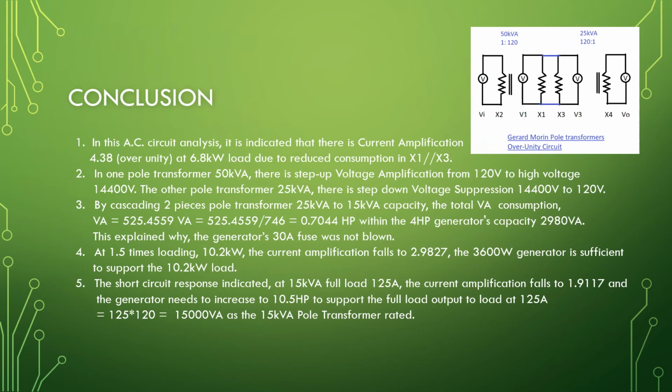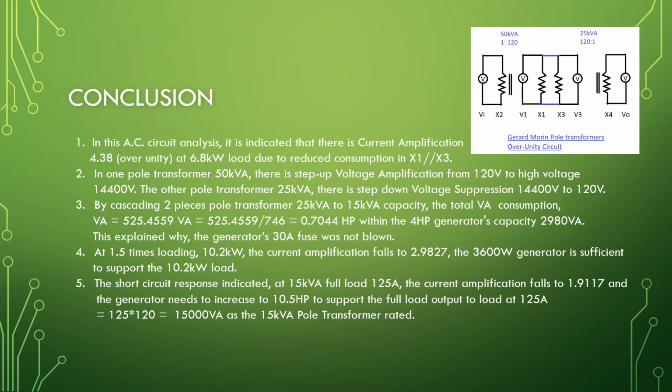Conclusion. In this AC circuit analysis, it is indicated that there is current amplification 4.38 over unity at 6.8 kilowatt load due to reduced consumption in X1 parallel X3.